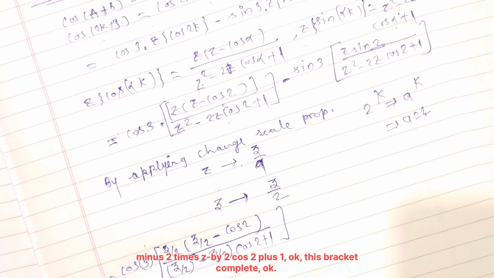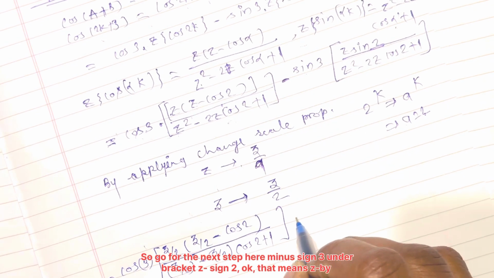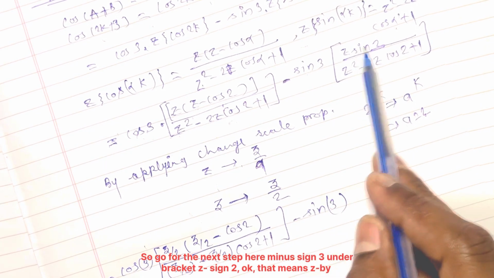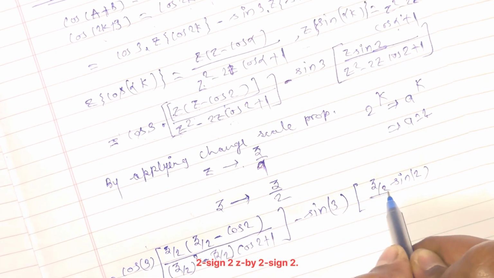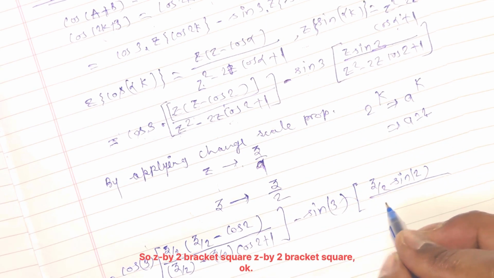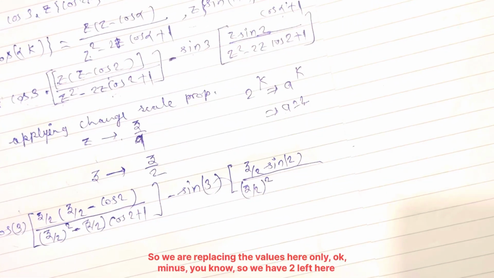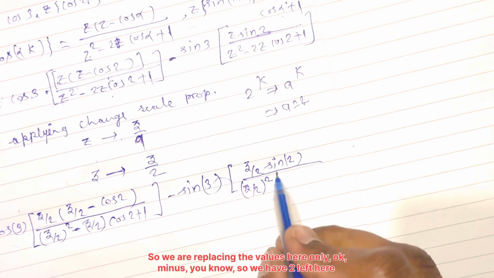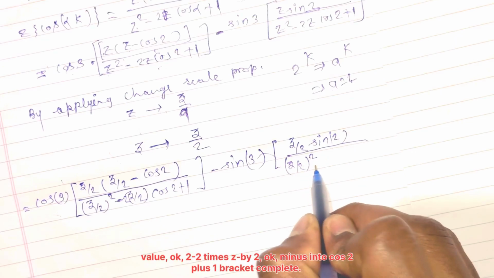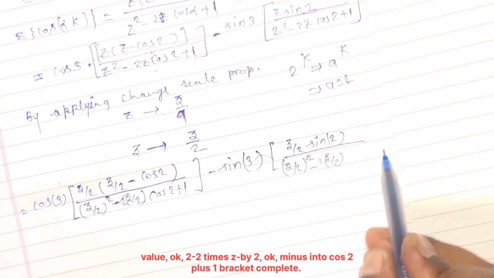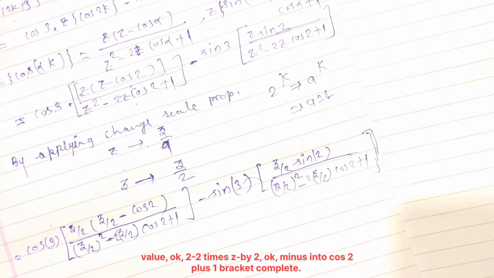This bracket is complete. Then minus sin 3 times z by 2 sin 2, divided by z by 2 squared minus 2 times z by 2 cos 2 plus 1. We are replacing the values here only. This is the entire bracket complete.